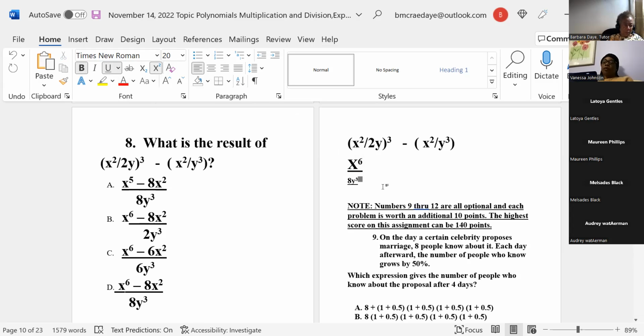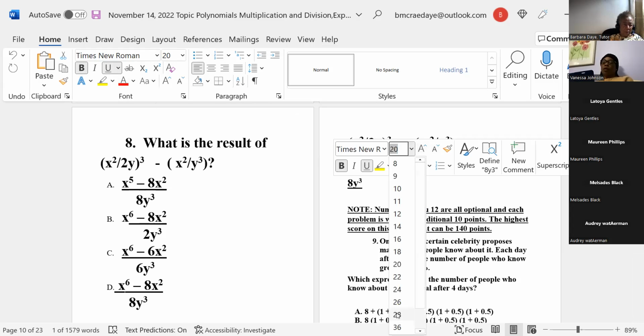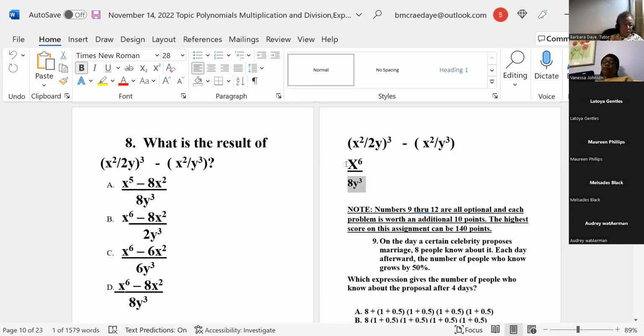Okay, I'll make this bigger so you can see it. Okay, and to be consistent, just make this the small x. Okay, and this minus x to the second over y to the third. Okay, so let's just put that there.